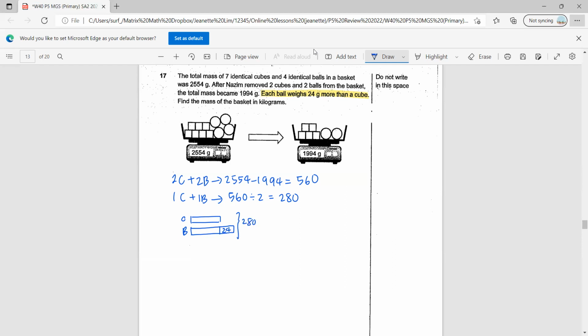So you can take 280 minus 24, then divide by 2 to find your 1 unit, right? Okay, so 128 is the cube. Okay, so 1 cube is 128. Then to find the mass of 1 ball is 128 plus 24.